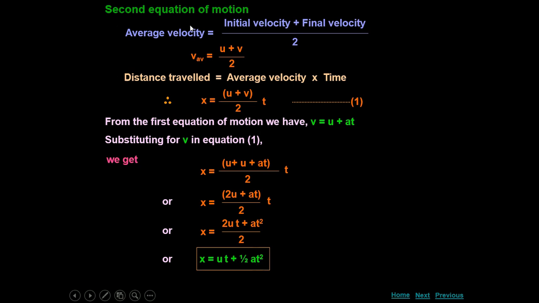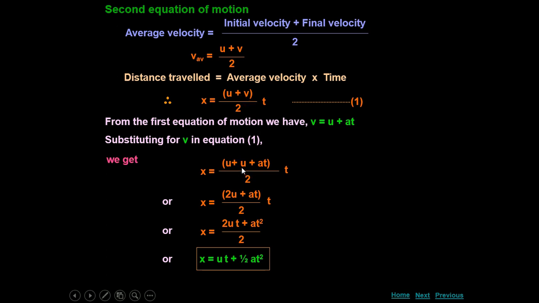For that we have taken the equation of average velocity. Average velocity is initial velocity plus final velocity divided by 2. V average is equal to u plus v divided by 2. We have taken the equation for distance traveled. Distance traveled is equal to average velocity into time. Instead of v, just put the first kinematical equation, v is equal to u plus at.